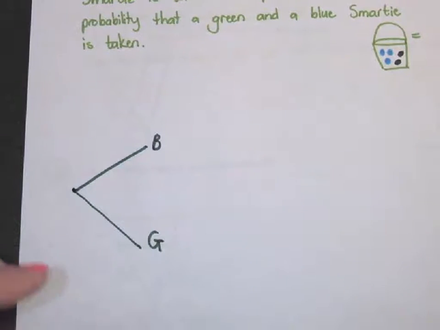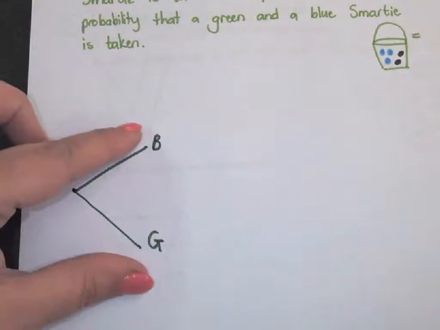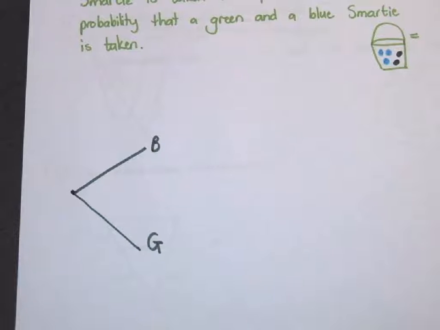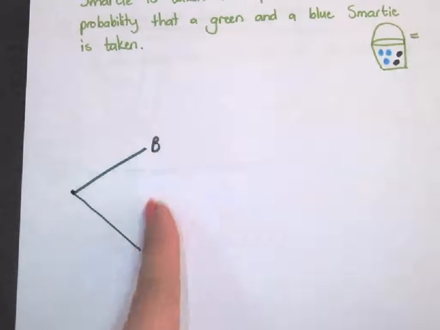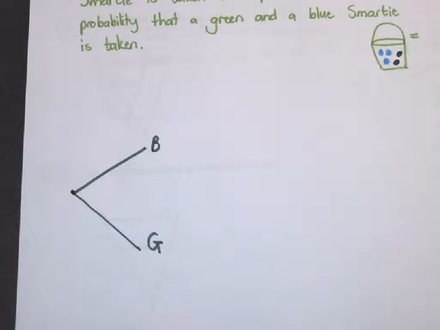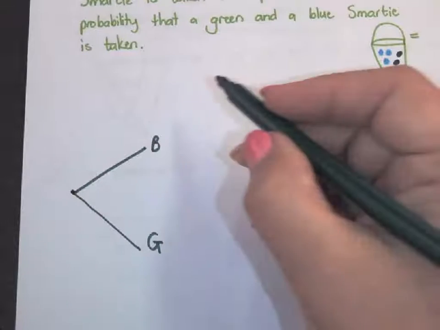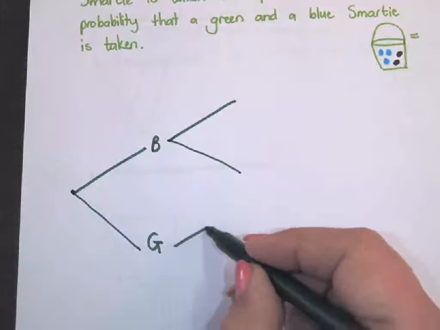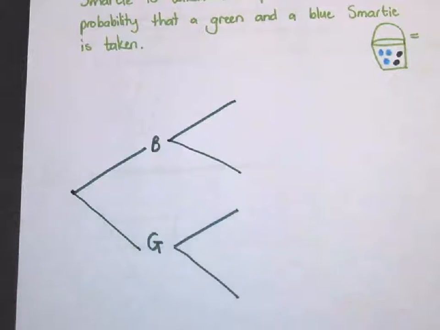When you draw the twigs of your tree diagram, they must be underneath each other. This is our first action. We take a Smartie. Then we have to take another Smartie, so we have a second action. They must end below each other.